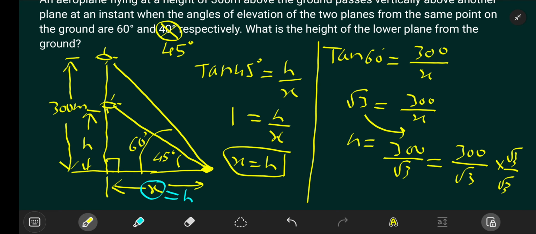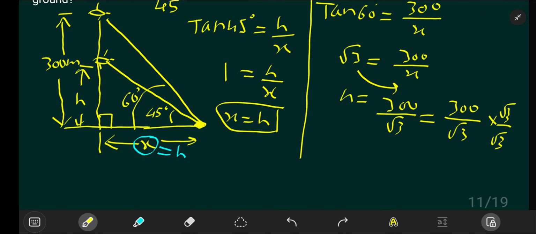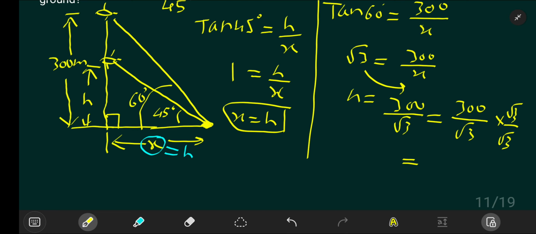If we cancel this root 3, we are left with the same answer. The bottom root 3 into root 3 becomes root 3 whole square, that is 300 root 3 divided by 3, that is 100 root 3 meters. So this is the value of h.